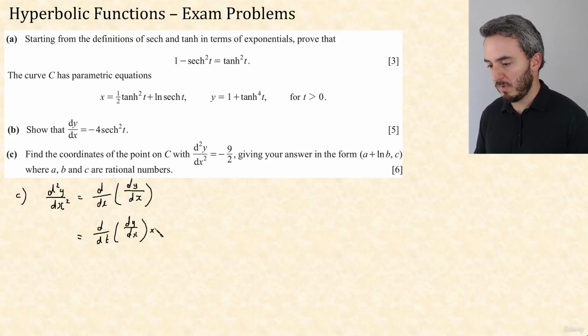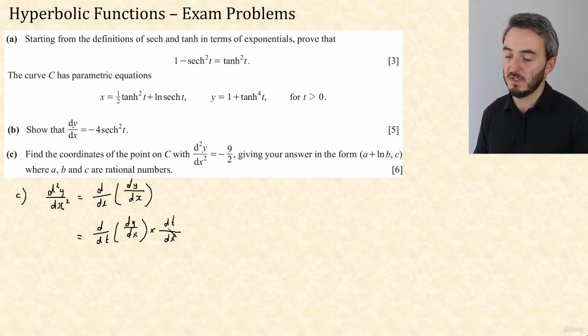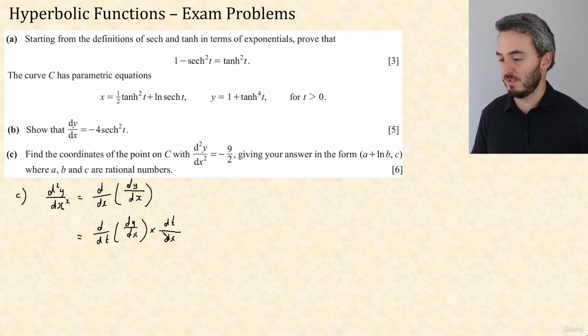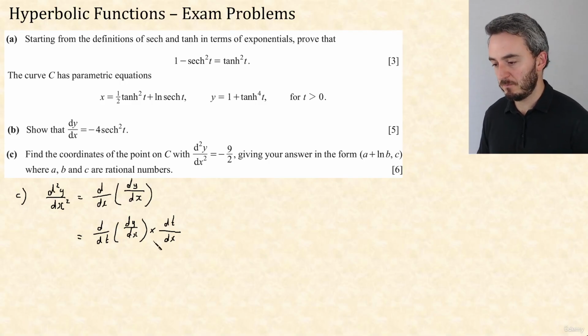Well, I could multiply by dt by dx, because that dt effectively cancels with the dt here, and that dx is that dx there. This is a very algebraic way of thinking, just like fractions cancelling, but it does work. Later on we will explore a bit more mathematically why it works. Spoiler, it's basically the chain rule.